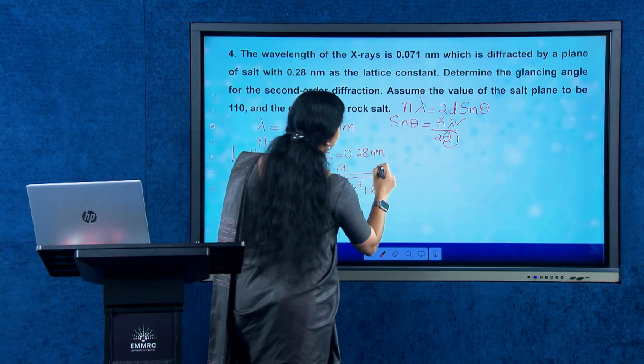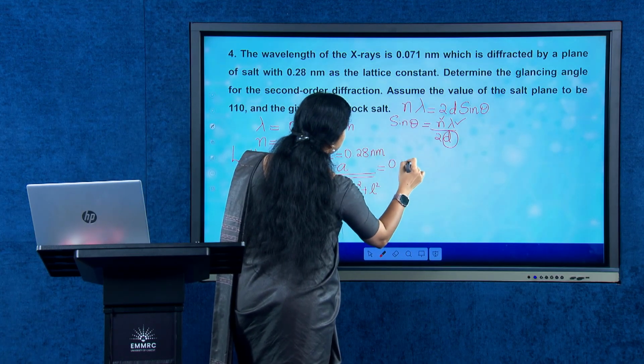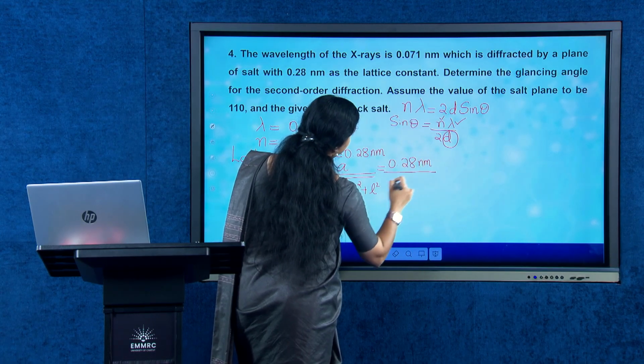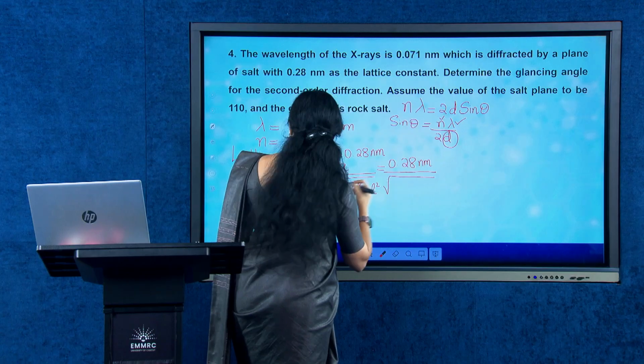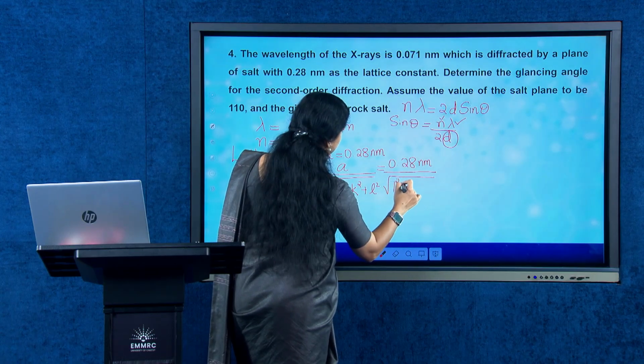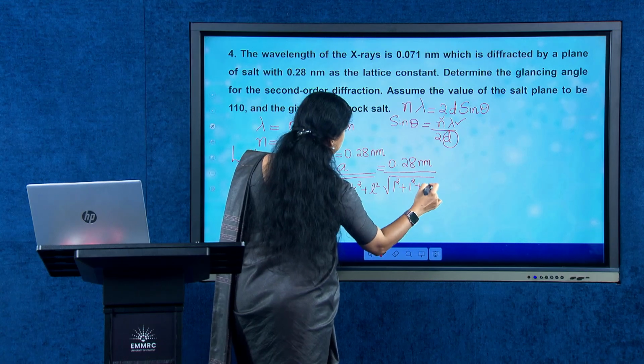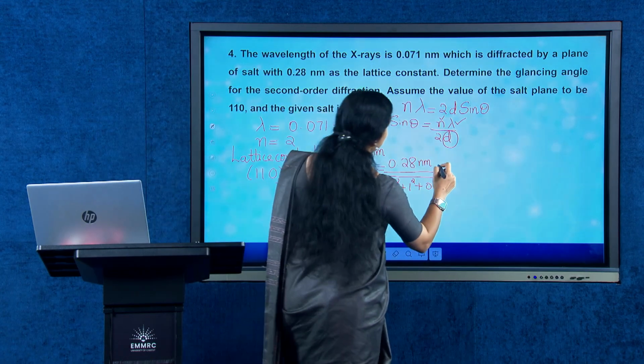So, that will be equal to 0.28 nanometer divided by root of, it is a 110 plane, so 1 square plus 1 square plus 0.